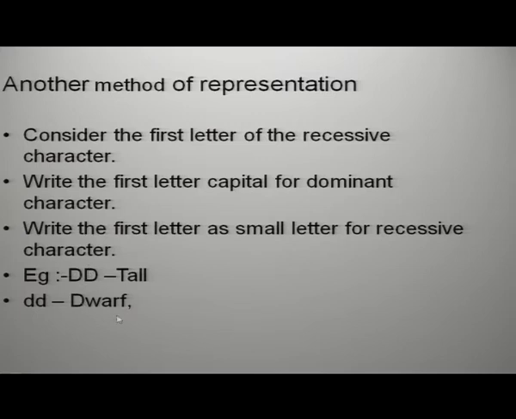We take the contrasting character dwarf, the recessive character. It begins with the letter D, that first letter we are considering, and we use capital D for representing the dominant character tall, and small letter d for representing the dwarf, the recessive character. So there are two systems of symbolization of a particular character.